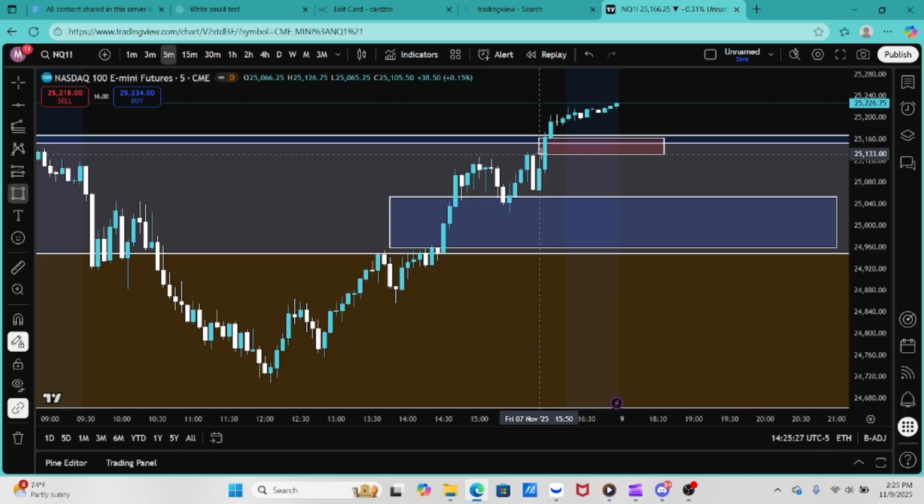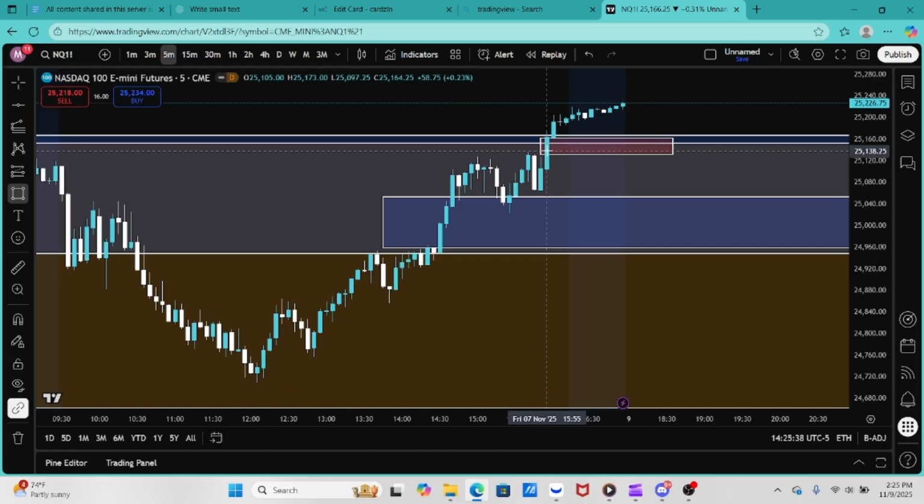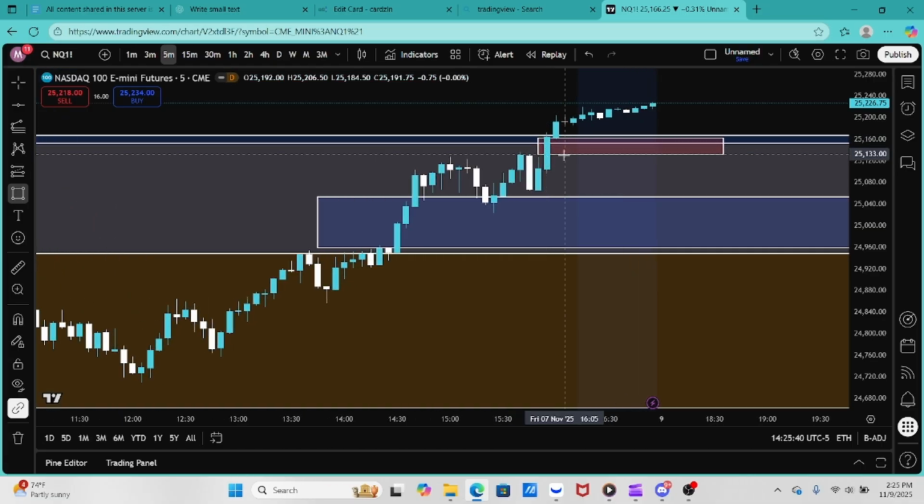So look, we have this gap right here. Oh, let me take this off. Why is it doing that? Okay, I'm stuck in drawing mode. Okay, that's why. All right. So we have this fair value gap that has been untapped. You see that? And before a big move up, price always likes to take out liquidity, sell side liquidity.